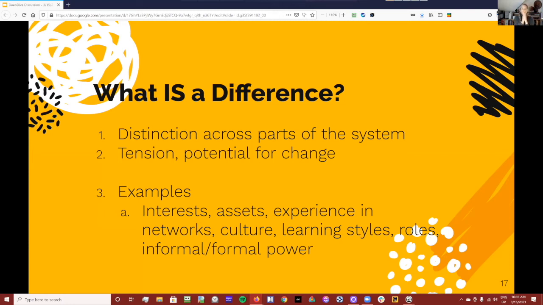Differences are distinctions across parts of the system, and they can include things like interests, assets, experience, networks, culture, learning styles, roles, formal and informal power.